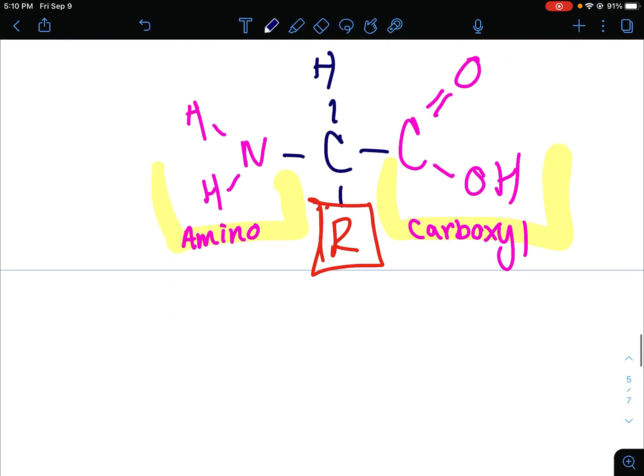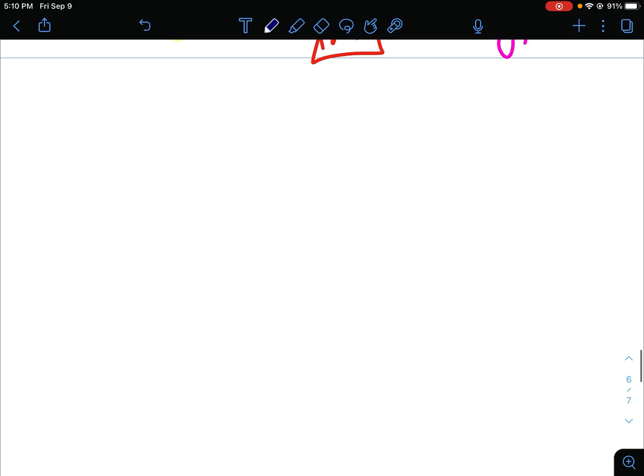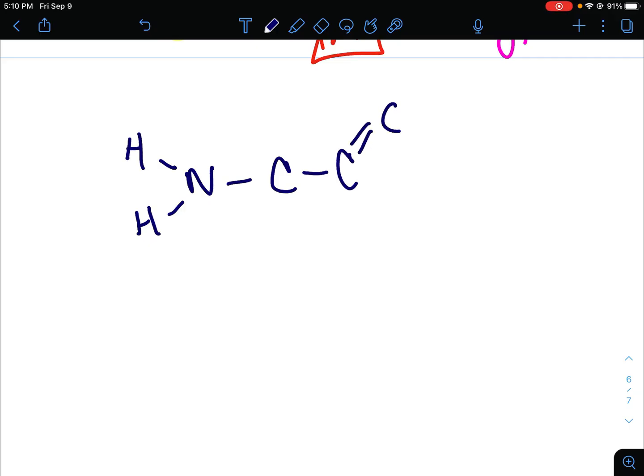There's your amino acid. I'll draw it a little more neatly down here. You have your carbon. Then you have your amino group. And then you're going to have your carboxyl group. R group, your variable, and then a hydrogen at the top.